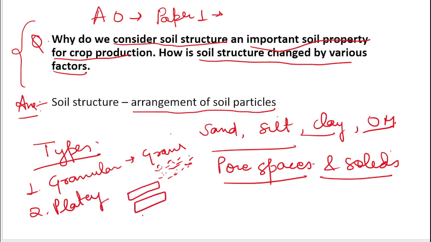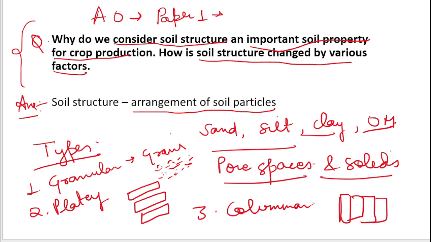The structure will be like these plates. We have columnar structures. The structure will be like these columns. So these are different structures, or V structures etc. I just, for example, have written here. So this is what soil structure is. Hope you understand this. Now moving to the body of the question.